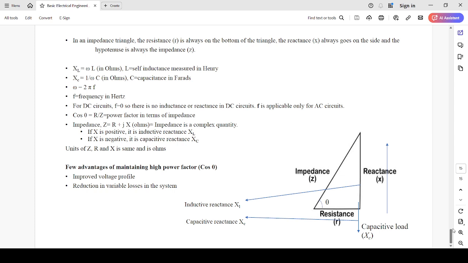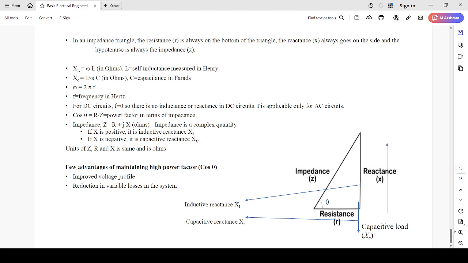Similarly, we can draw the impedance triangle. This is the impedance triangle, which is clearly visible on your screen. In the impedance triangle, the horizontal part is indicated by the resistance, the vertical part is indicated by the reactance, and the hypotenuse is known as impedance Z. In the impedance Z, we always take the formula R plus jX, where R is the resistance and X is known as reactance.